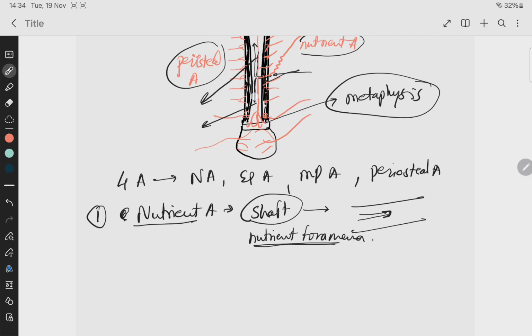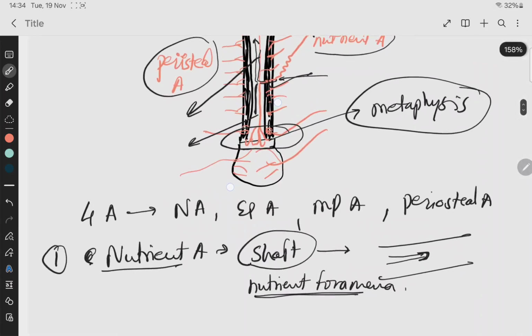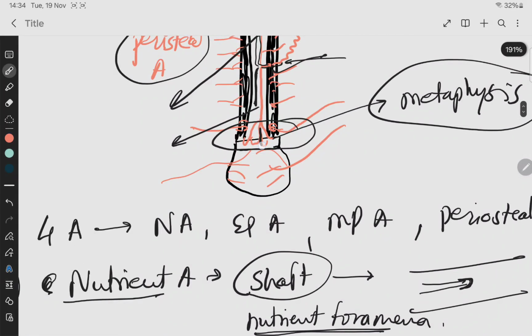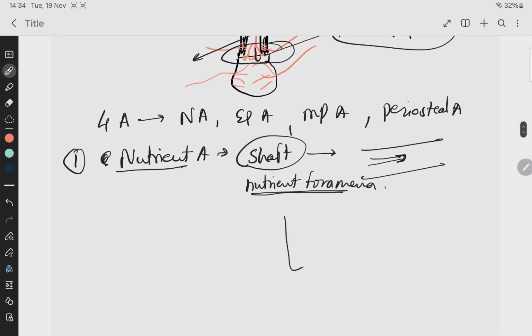One goes ascending, one goes descending, and then they go towards the end of the shaft, which is called the metaphyseal end of the shaft. Each branch divides into a number of parallel branches, and all these branches are like hairpin bends. When they go towards the end, these ascending and descending branches form multiple parallel branches with a bend, and this is called the hairpin bends of the vessels.